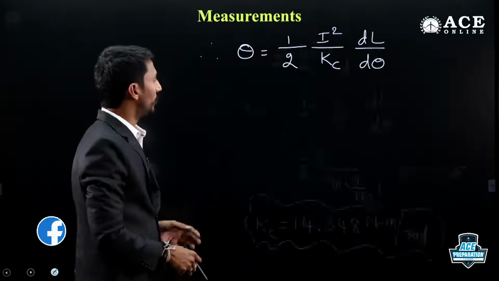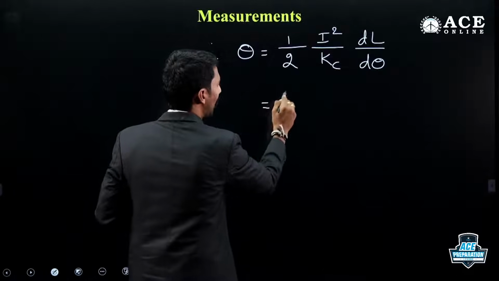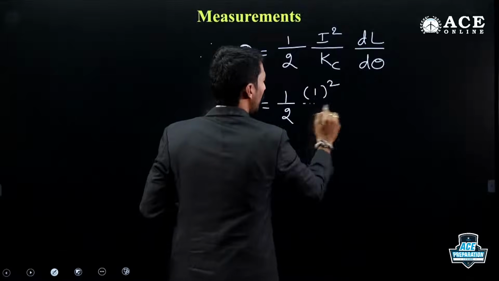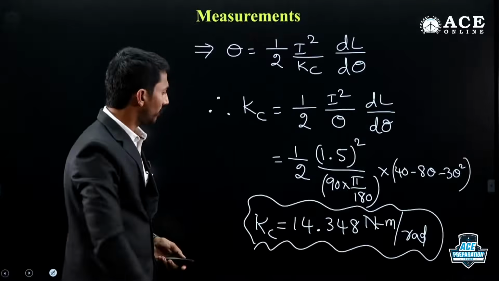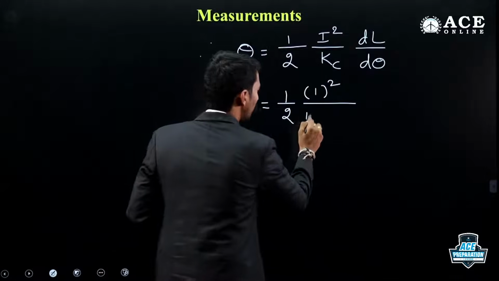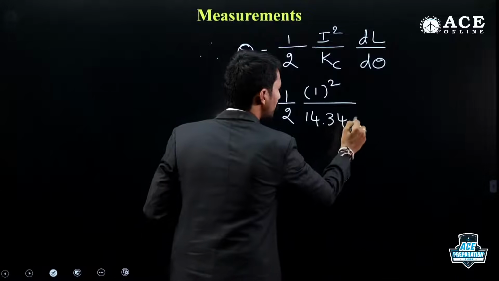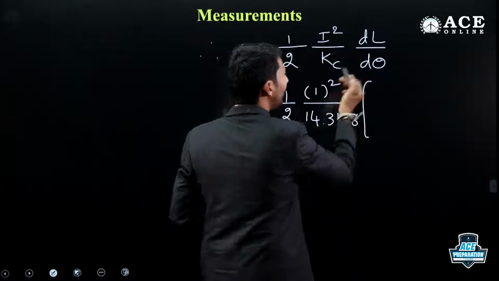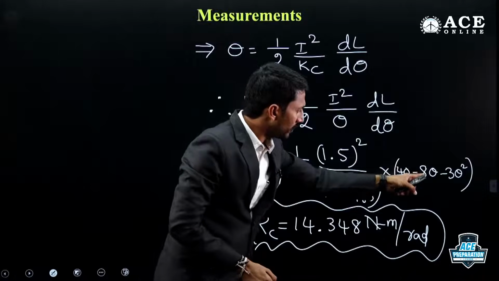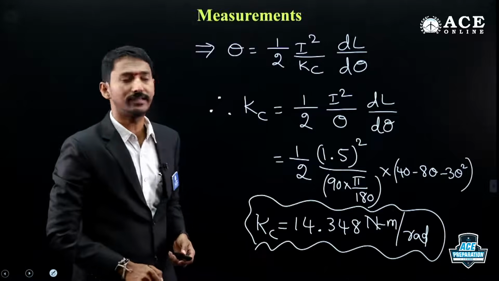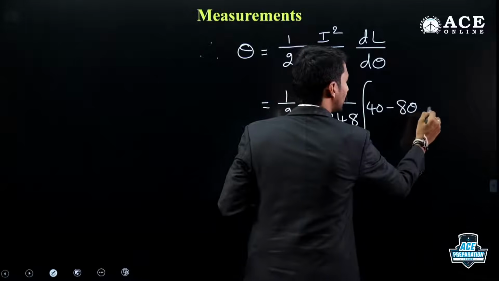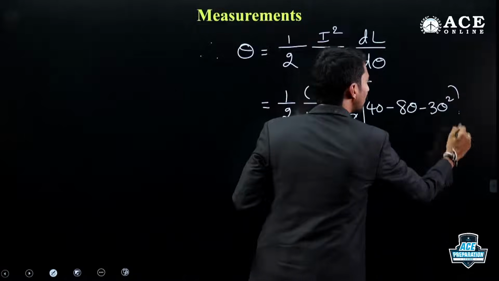So half into current 1 squared by Kc value, already we have got it, 14.348, into dL by d theta, which is 40 minus 8 theta minus 3 theta squared.